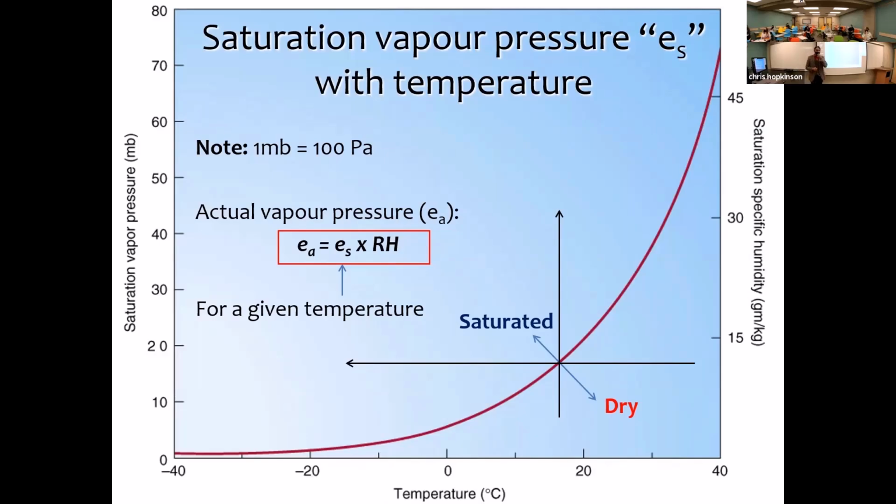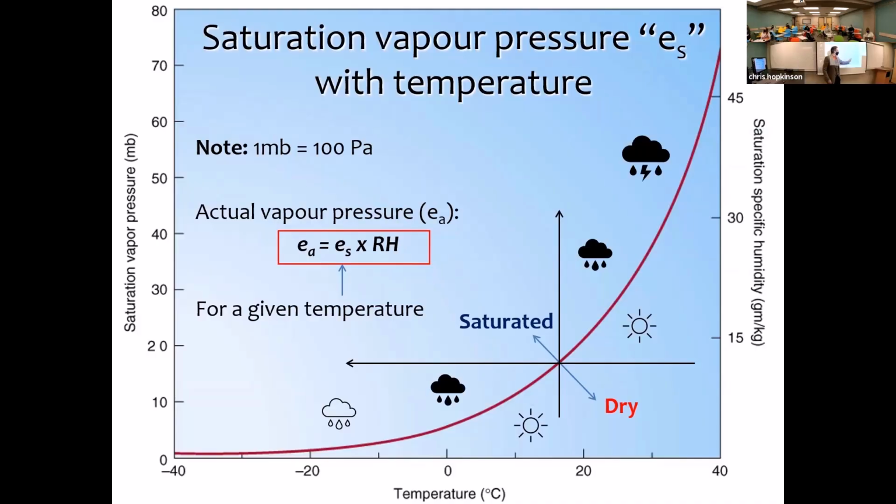But what we're interested in terms of cloud formation and condensation in general is how we cross this line. Everything this side of the line, we're below saturation, so therefore we're dry or relatively dry. Everything this side of the line is saturated, or vapor is condensing in the atmosphere, so we get cloud formation.